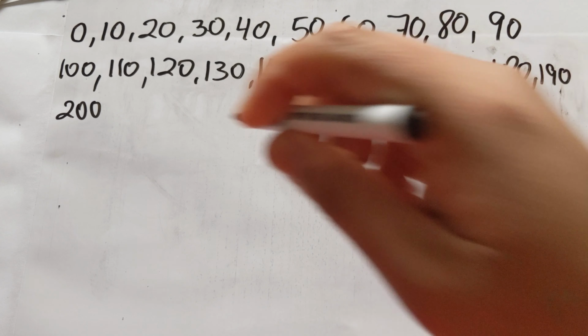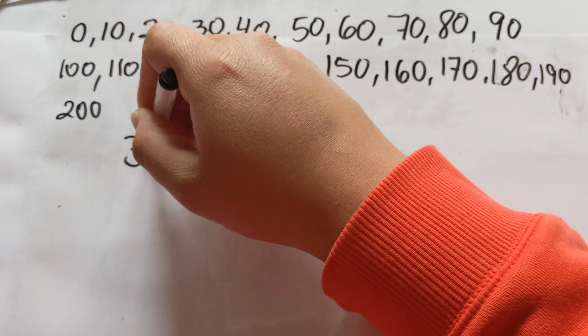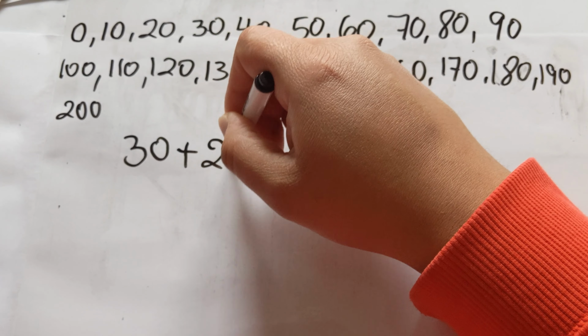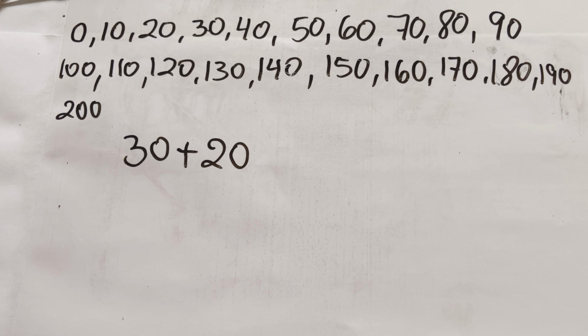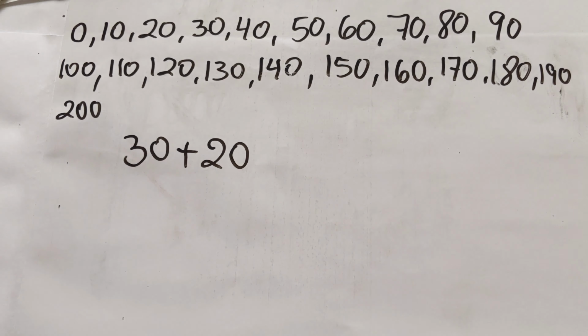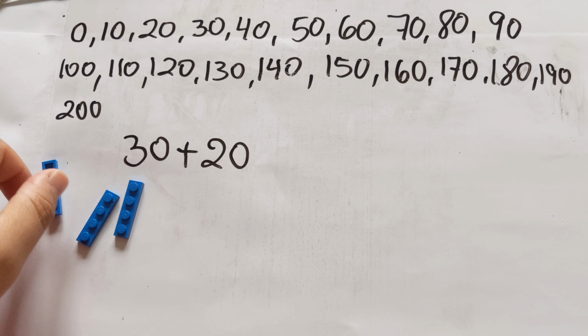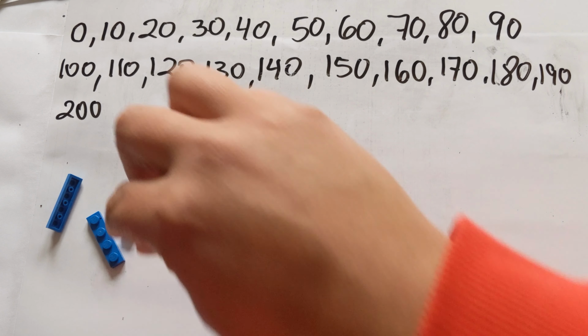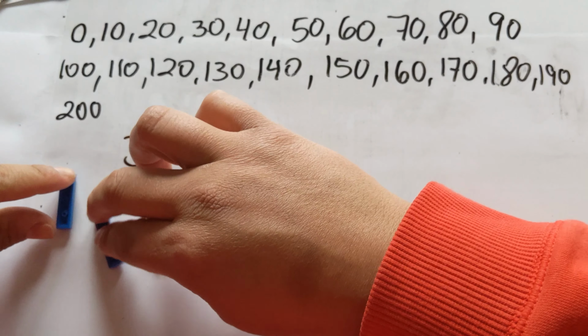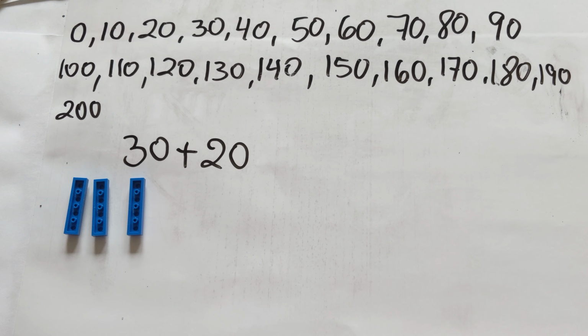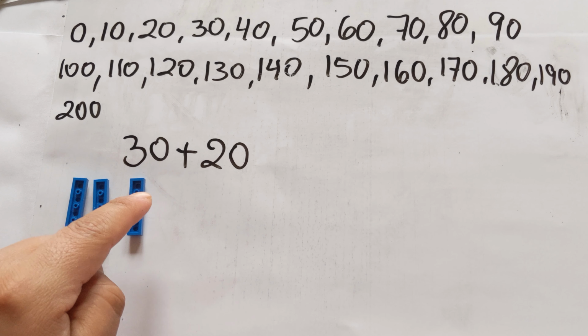So if you have this, what does that look like? 30 plus 20. I have my little blocks here that represent 10. So we have 10, 20, 30.